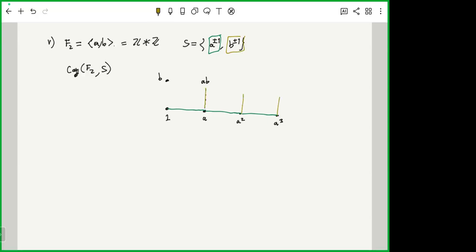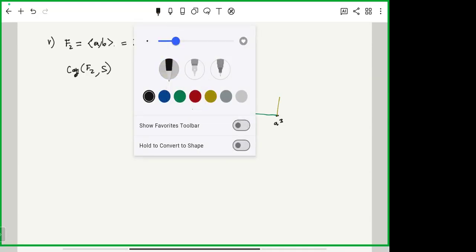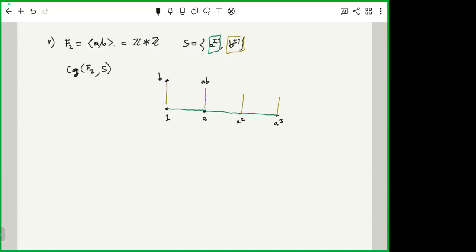So there is some problem here with this representation, and it's the following. Say now that I want to multiply from here. So I'm here now, I want to multiply by A minus 1. So I would go like this to get the word AB A minus 1.